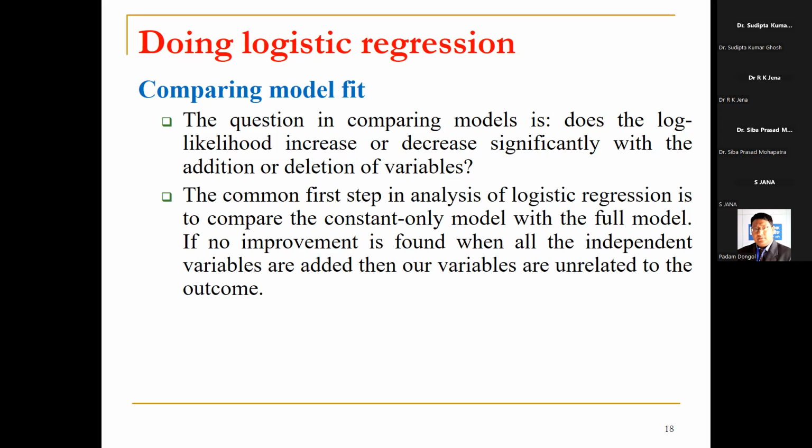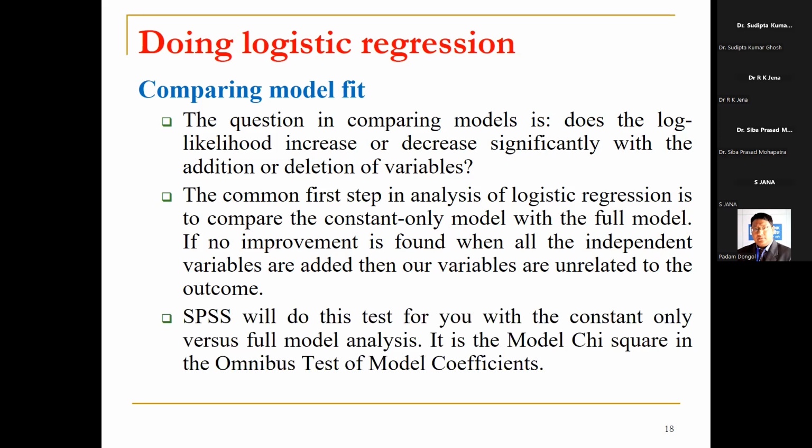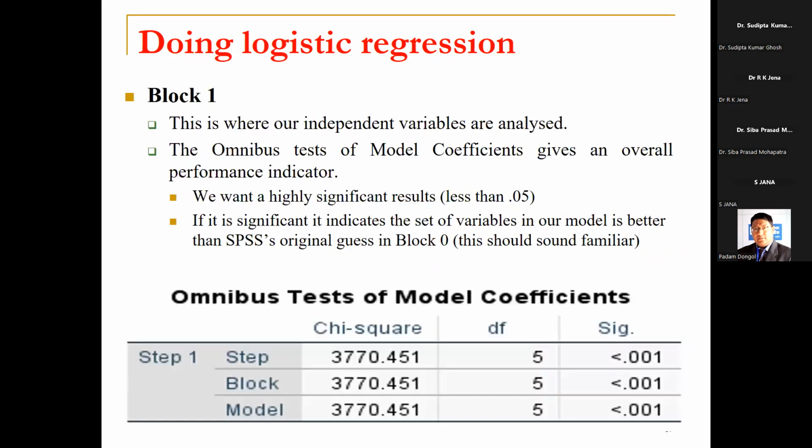If there is no improvement after adding the independent variables to the equation, then we say those independent variables have no effect or impact on the dependent variable. SPSS will do this test for you with the constant only versus full model analysis. In the model, you have the chi-square omnibus test of model coefficients. You see that.